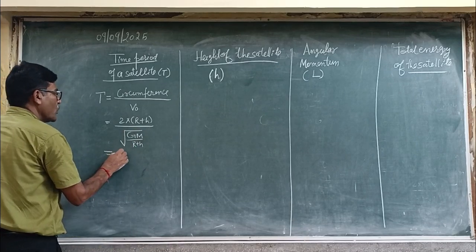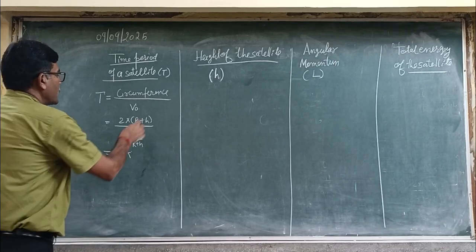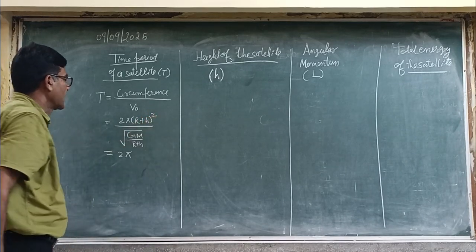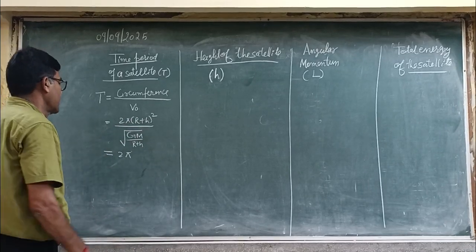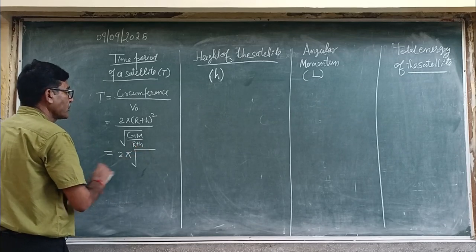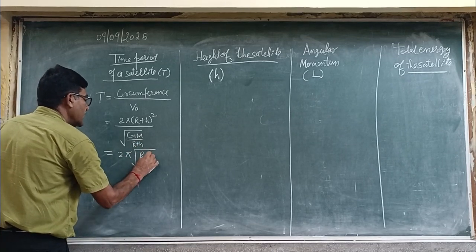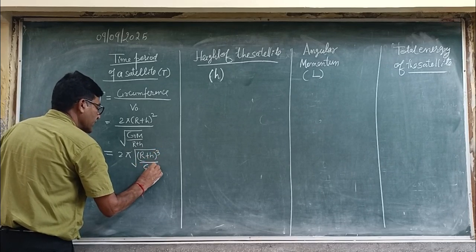So this turns out to be 2 pi square root, (r plus h) cube upon GM. This r plus h is the radius of the orbit of the satellite.